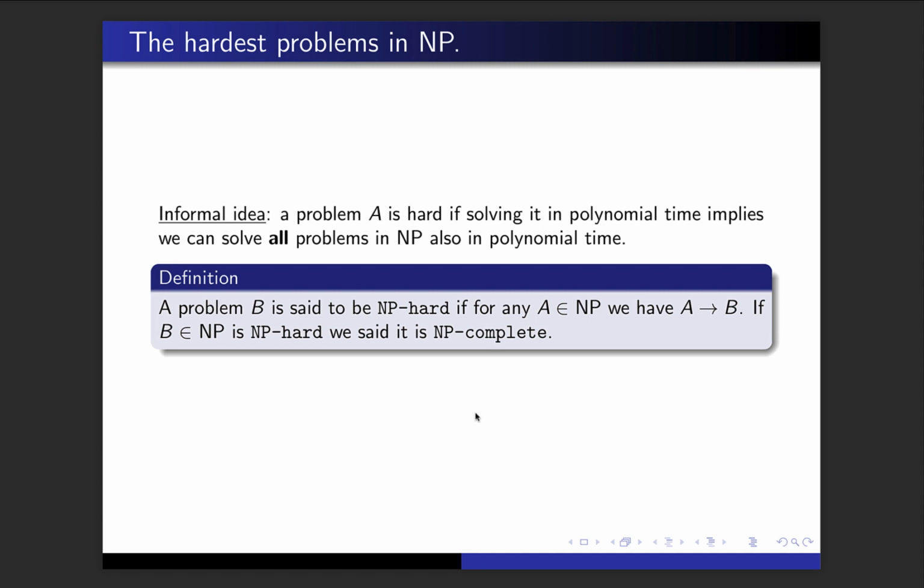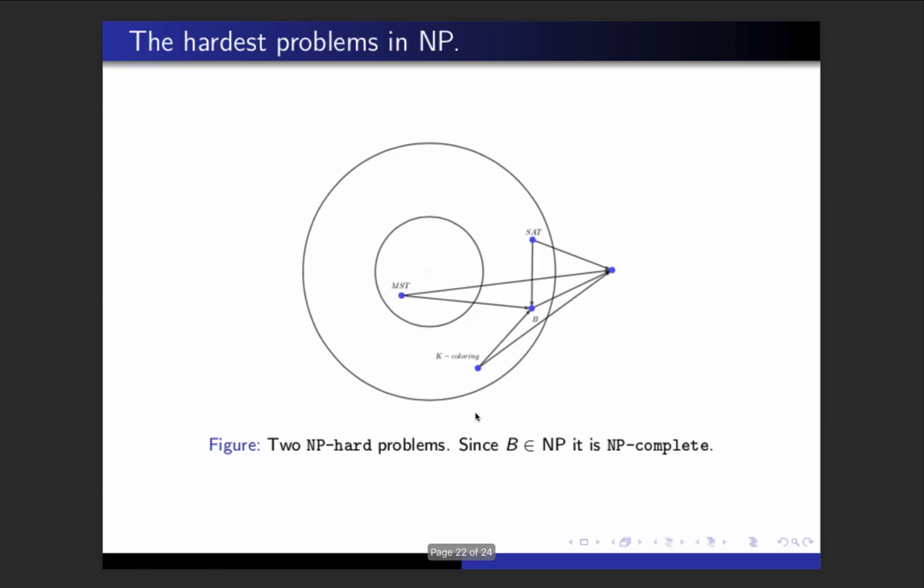But before you do so, let me show you one more picture and one concluding remark. The picture is now the following. A problem that is NP hard looks like this blue dot here. Every problem in the class NP can be reduced to that problem here. But also it may look like this problem B in the class NP. Every problem in the class NP reduces to that problem B. Notice that I have no obligation to reduce problems outside of the class NP to NP hard problems.